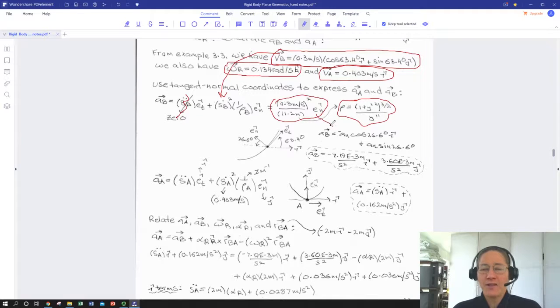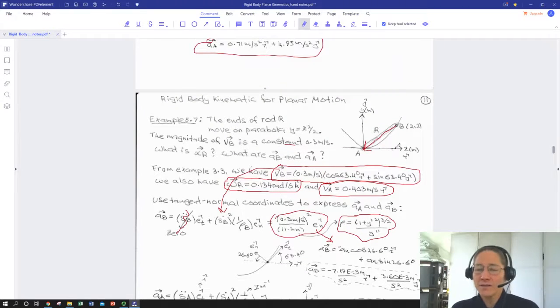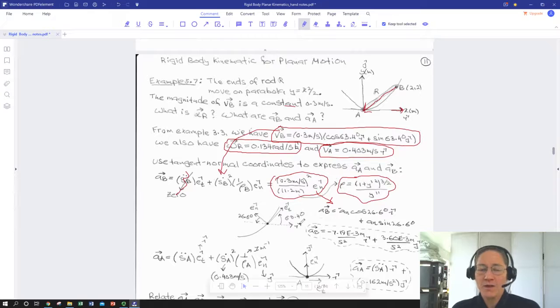We can break that up into i hat, j hat, if we need to, for reference to our coordinate system, to our x and y, because obviously the normal to the parabola and the tangent aren't the same as our i and j at that point. So if we go ahead and do that, and we transform just this single term normal to the parabola, and resolve that vector into i hat, j hat relative to my coordinate system, here it is, in the dotted circle.